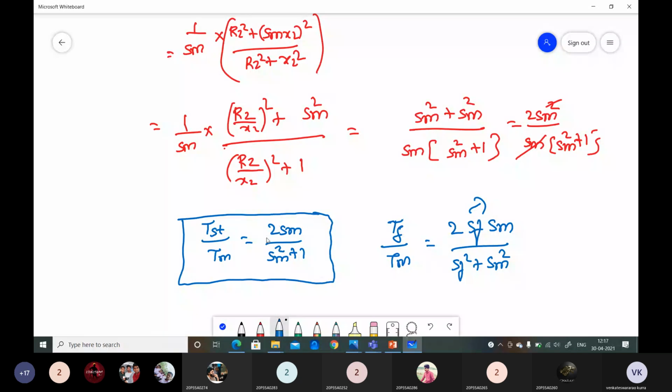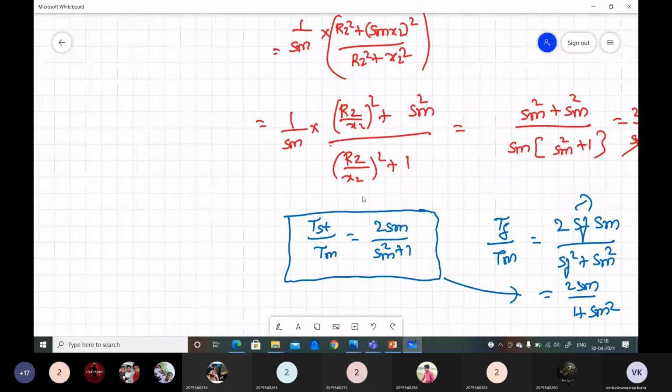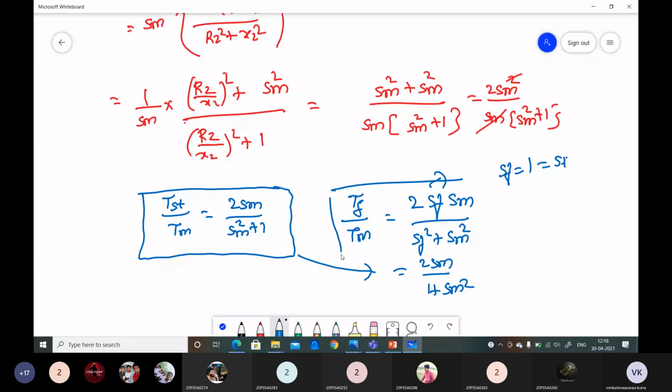At the starting condition, the value of S_F equals just 1. So substituting S_F equal to 1, we get 2 S_M by (1 plus S_M square). So both are the same. Try to remember these two relations. Just remember one relation, and by substituting S_F equal to 1, we can get the other.